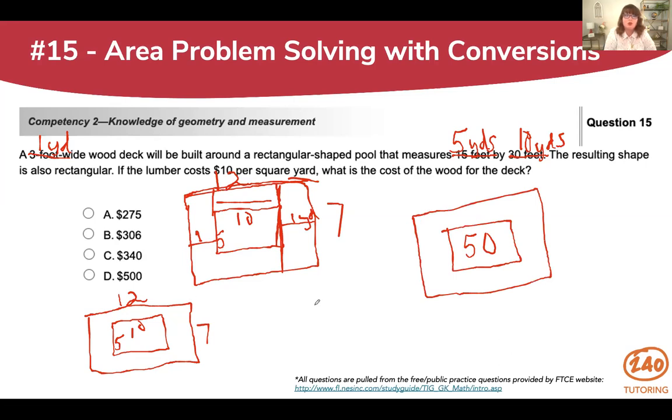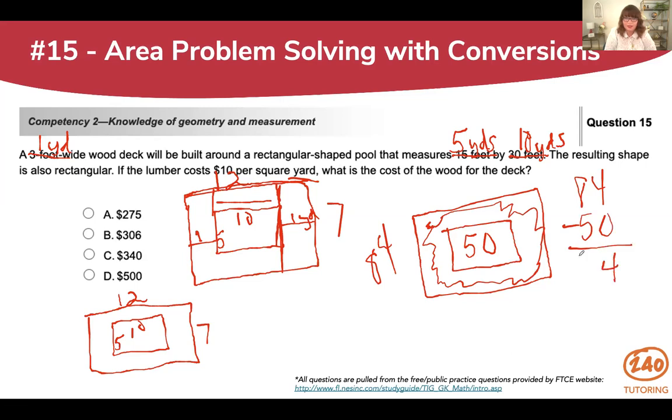Well, if I do 12 times 7, I'm going to get 84 for the whole thing. So if I know this whole area is 84 and I know this piece in the middle is 50, I can subtract to find just how much is the deck. So I'm going to do 84 minus 50.